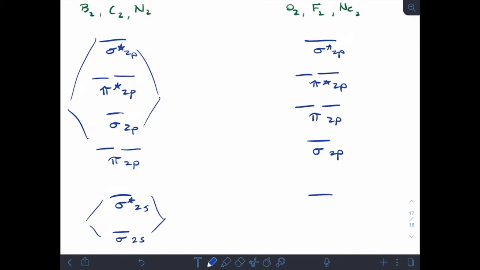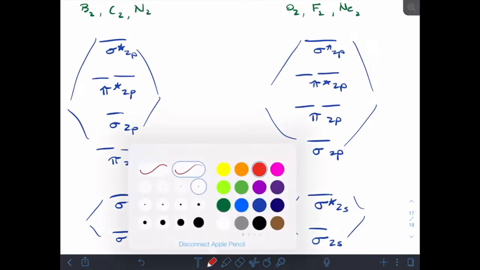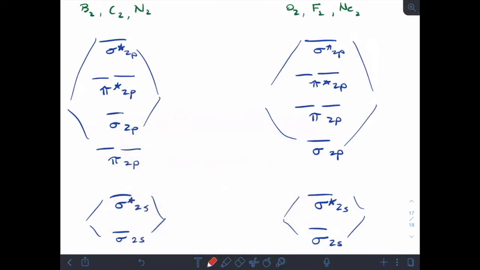Okay, and then the s is the same. Right? So where things get a little bit different, depending on what molecule you're making, is these places are flipped.